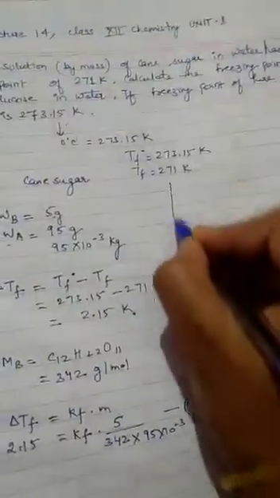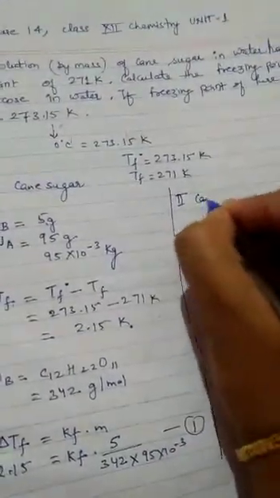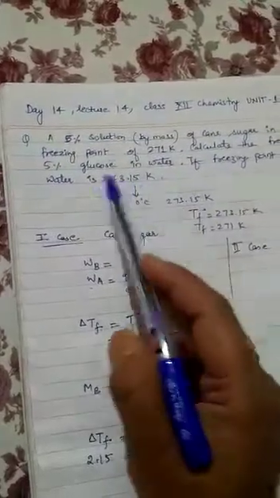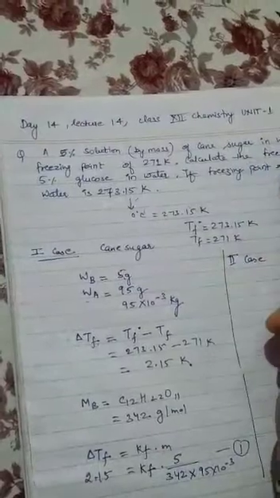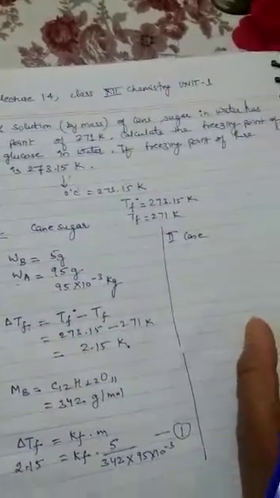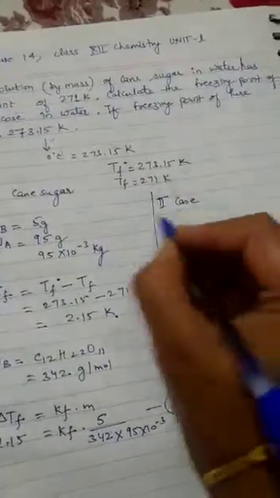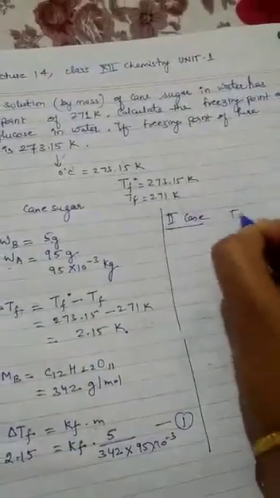Now in the second case, 5% glucose in water is given to you, and you have to calculate the freezing point of 5% glucose in water, that means you have to calculate TF.